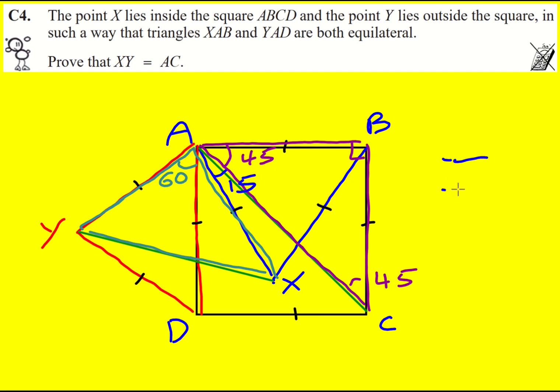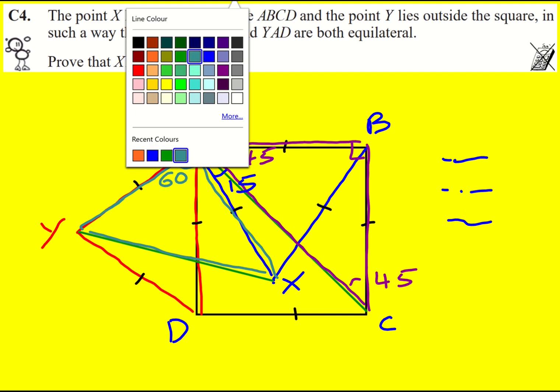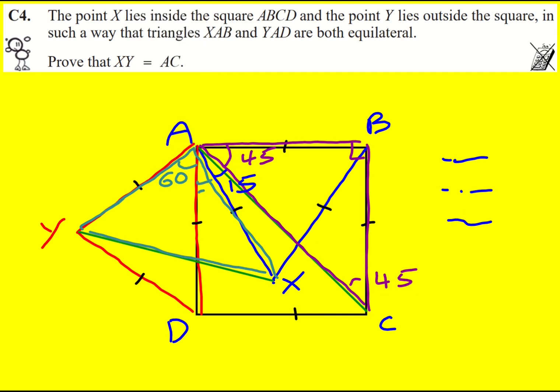By the way, you should be justifying this as you go. I'm just giving a verbal summary of what I would write down. Because that is 15, then because the whole thing is 90, this angle here must be 30. Aha, I have a right angle.